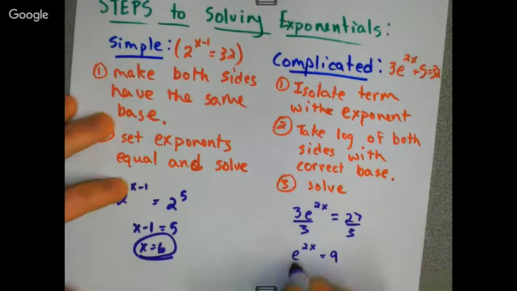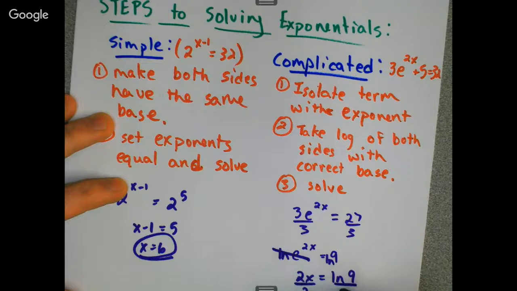Now to get rid of this e, we're going to take the ln of both sides. These cancel, and I'm left with 2x equals ln 9, and divide by 2. So x equals ln 9 over 2.